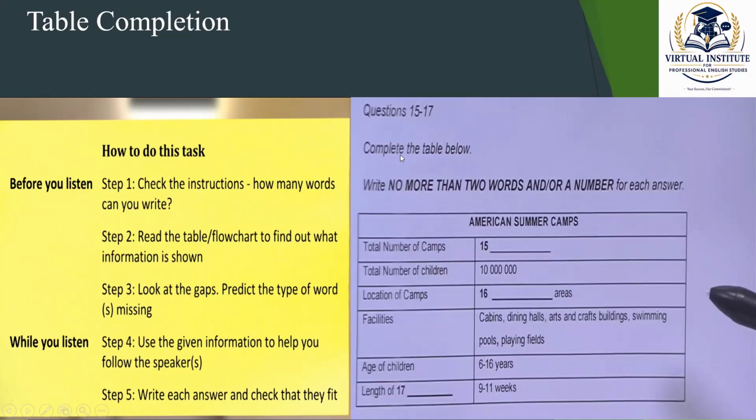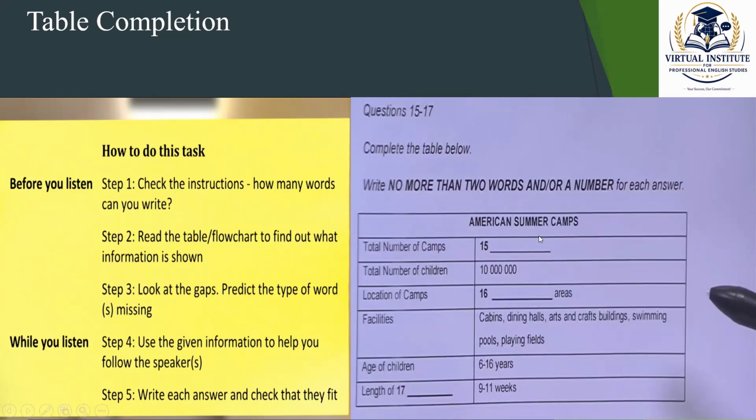Now, we have to do it. Write no more than 2 words and or a number for each answer. So we cannot write more than 2 words or a number, right? These are the instructions. If we are reading the table, the first information is here, American summer camps. So this table is about the American summer camp, right? Now, we can also see the total number of camps.